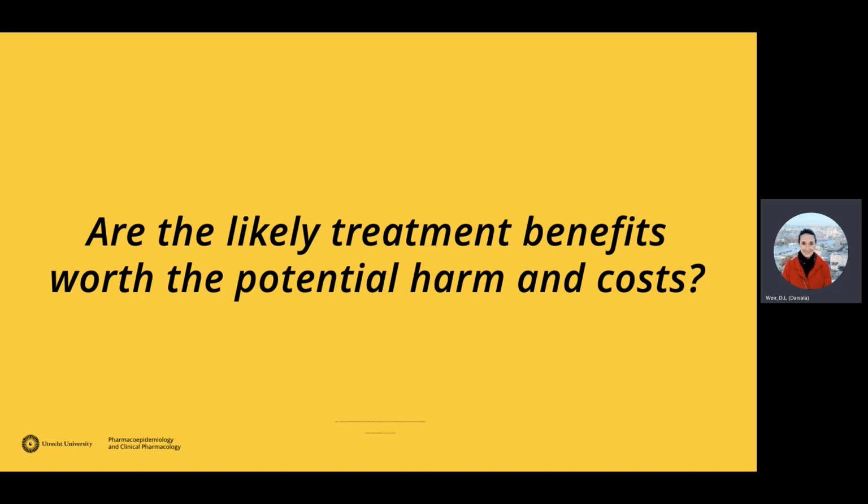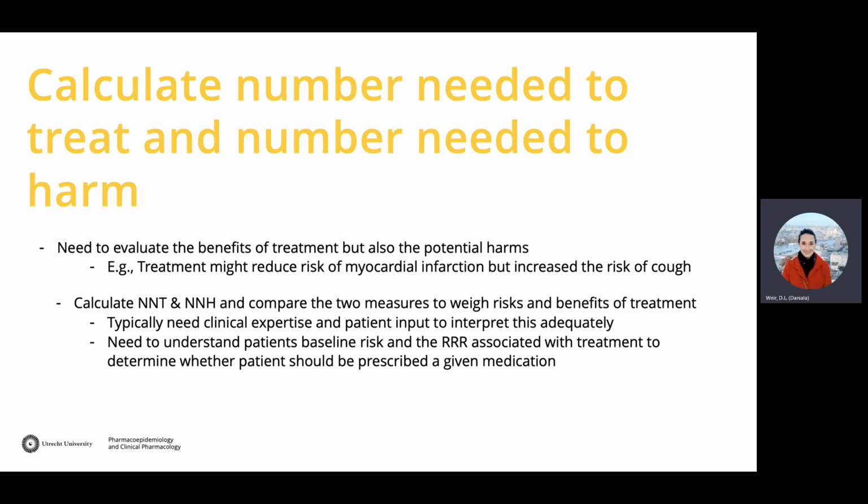We also need to think about whether the treatment benefits are worth the potential harms and costs for a particular medication. We need to calculate the number needed to treat and the number needed to harm in order to answer that question. As I mentioned, we need to evaluate the benefits of the treatment, but we also need to evaluate the potential harms.